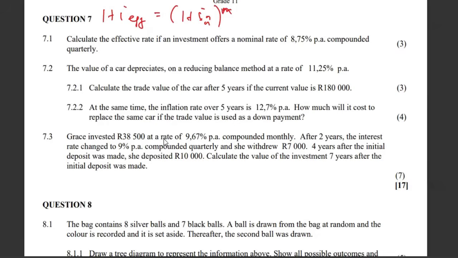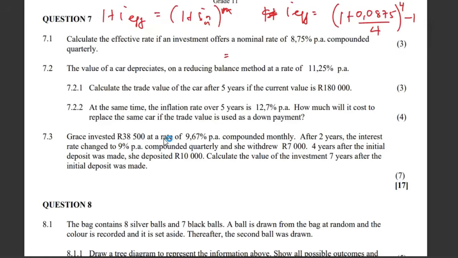So i effective is going to be 1 plus 0.0875 over 4, to the exponent of 4, minus 1. Just punch everything in at once on the calculator. Remember, the answer we get should not be far away from the 8.75, just around that figure.